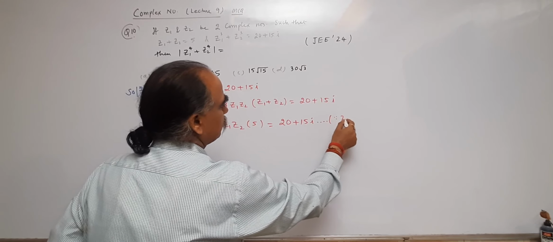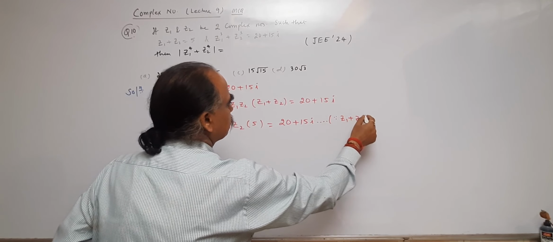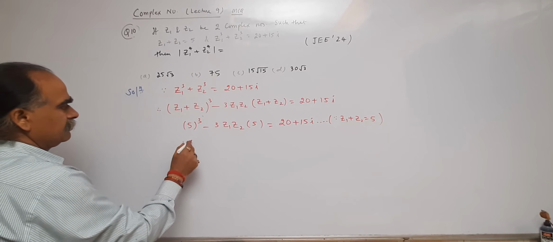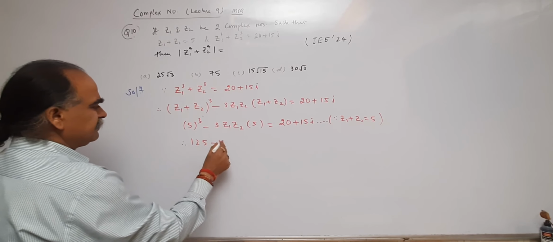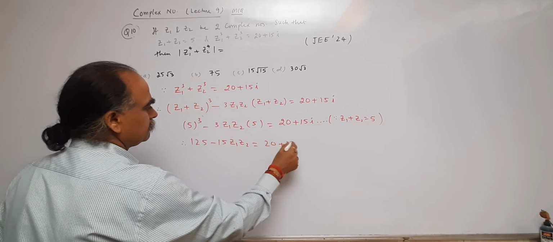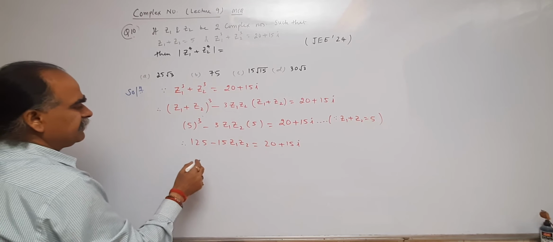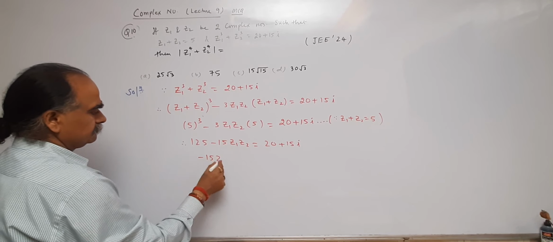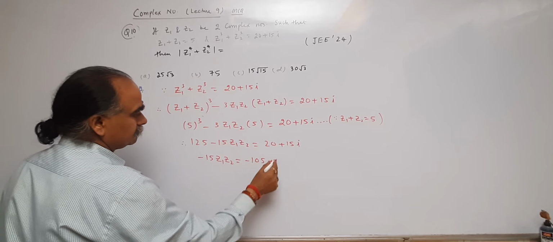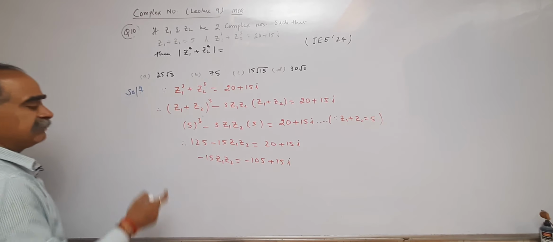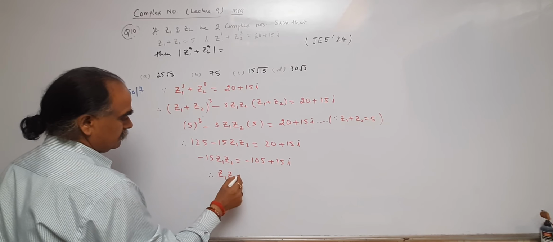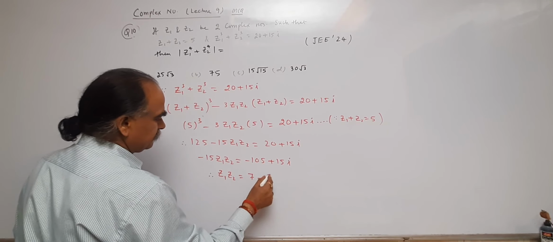Since Z1 plus Z2 is 5, therefore 125 minus 15 Z1 Z2, transfer 125 on that side. Divide by minus 15. 7 minus i.